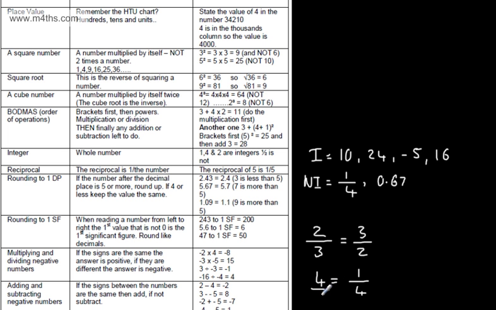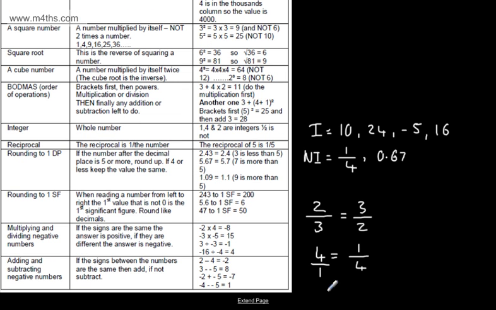We never write this as 4/1, but essentially that's what it is. If I had the reciprocal of 7/5, it is 5/7. If you multiply those two numbers, you're going to get 1. So that's what a reciprocal is. So we've done integers and we've done reciprocals.